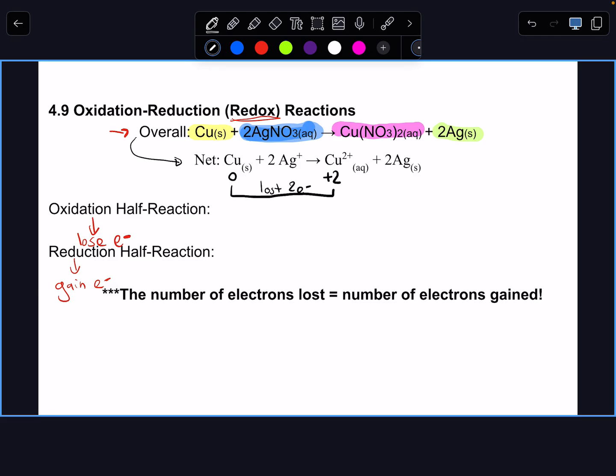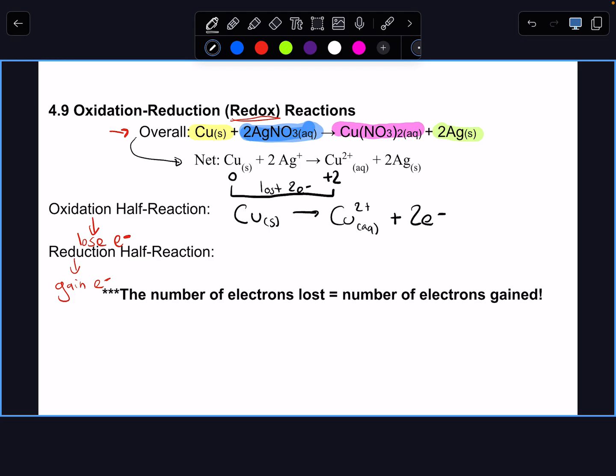So under oxidation half reaction, we're going to write copper solid becoming copper 2 plus aqueous plus those 2 electrons that it lost. So when it loses electrons, the electrons come on the product side. And if it gains, then they'd be on the other side.